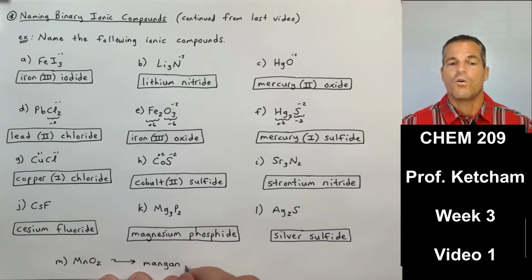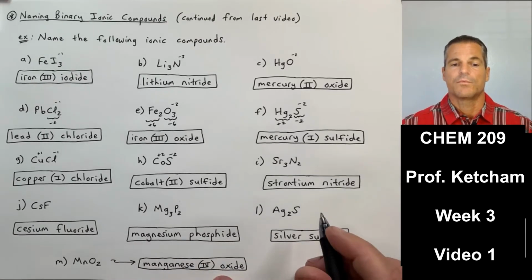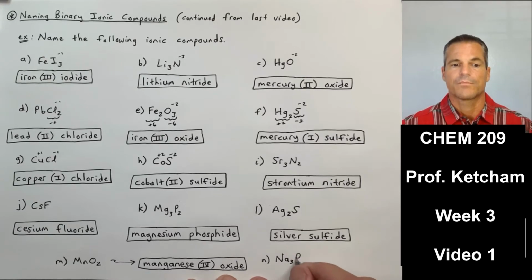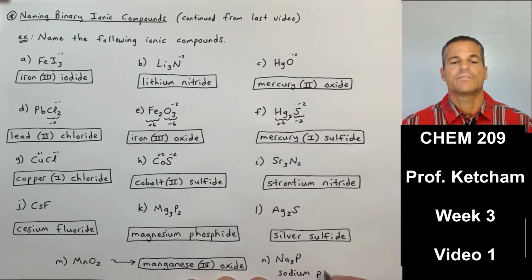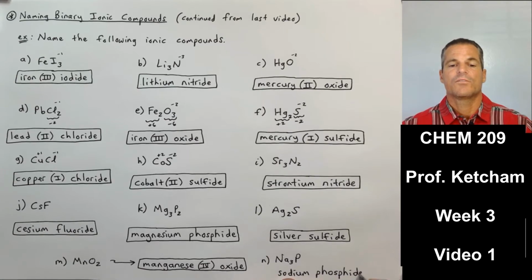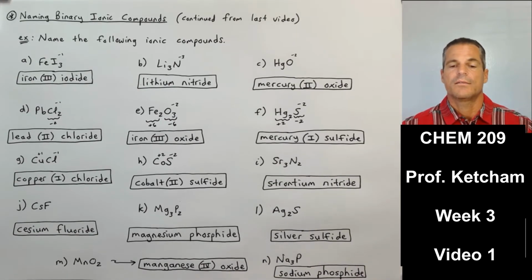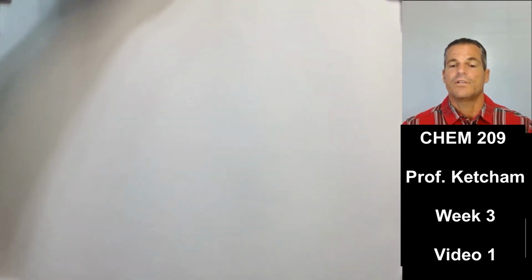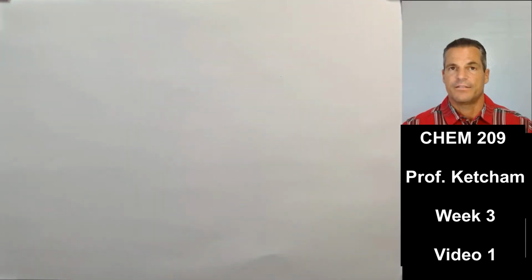Now those last 4 are fairly quick because we already know the charges on the cations. Strontium group 2, cesium group 1, magnesium group 2. Okay? Last one down here, manganese(IV) oxide, and sodium phosphide.